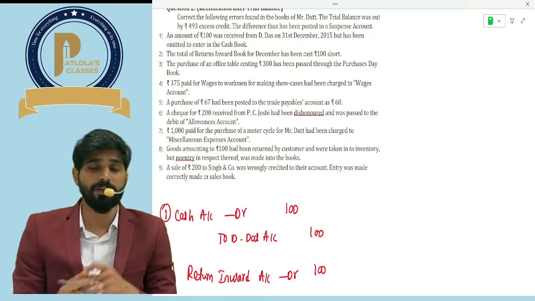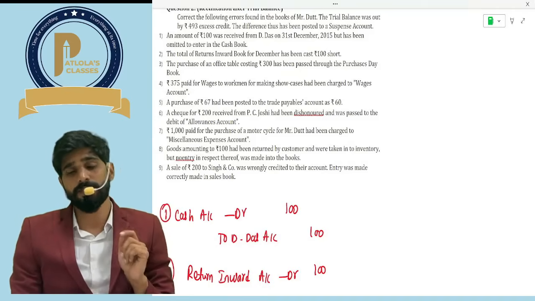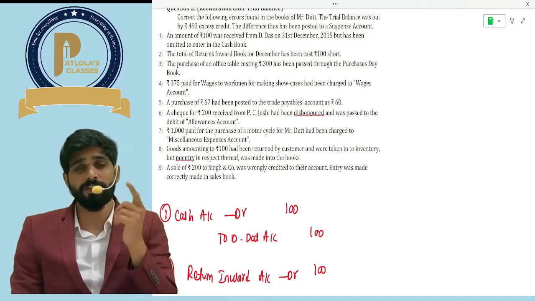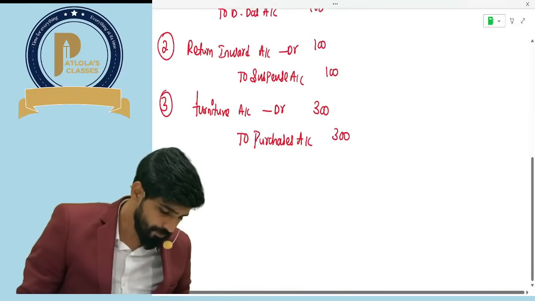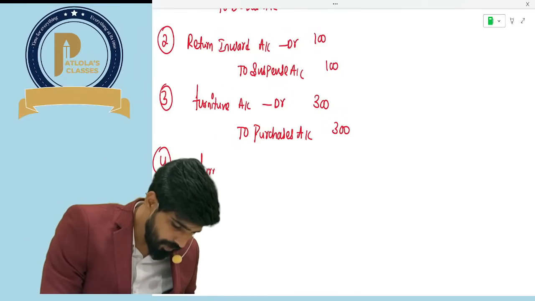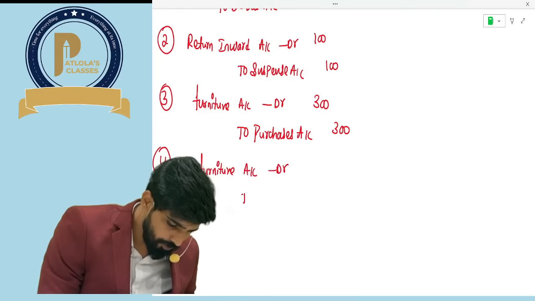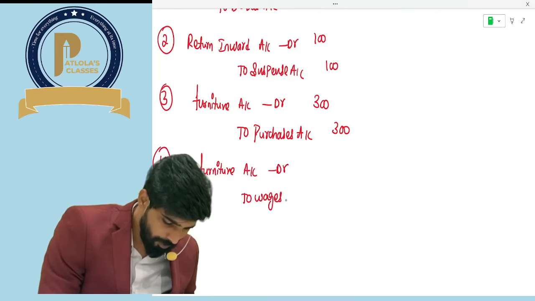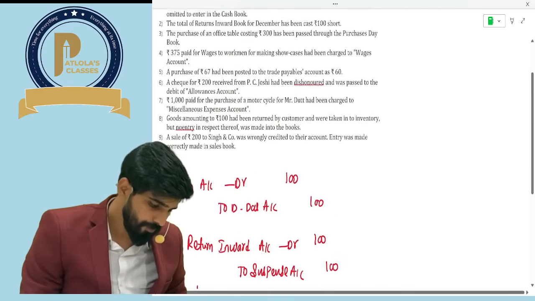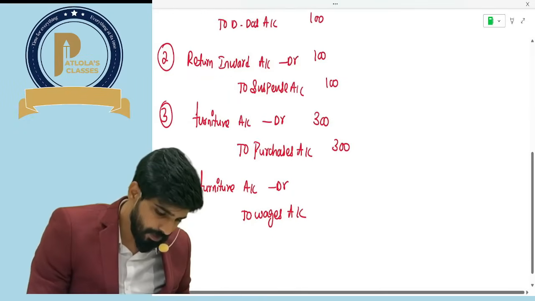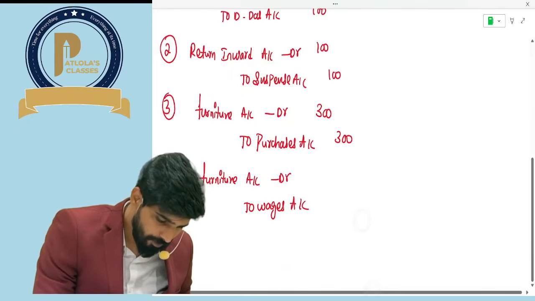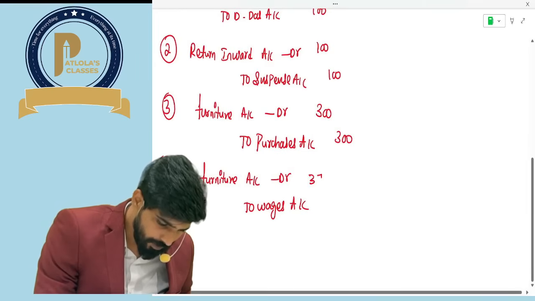Which account have they debited? Wages. So wages should be cancelled by crediting and furniture account should be debited. So furniture account debit to wages account. How much is the amount? 375.